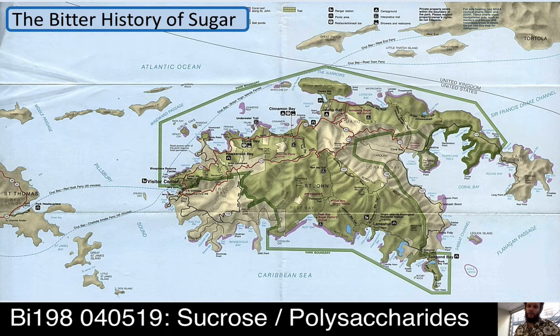It's an interesting place because you can see on that map, in the dark green part, 65 or 70% of the island is actually a national park, which makes it quite unique among the islands in that chain.